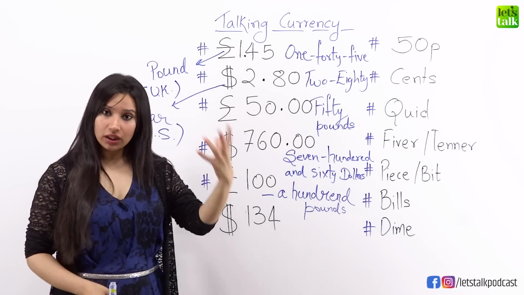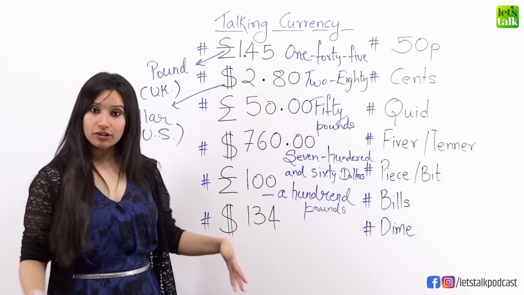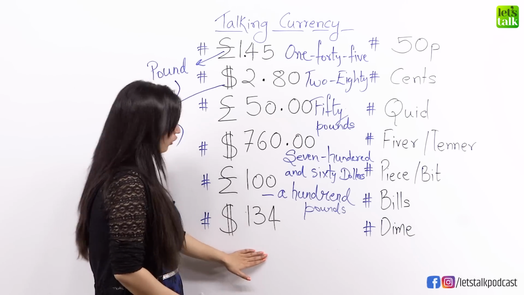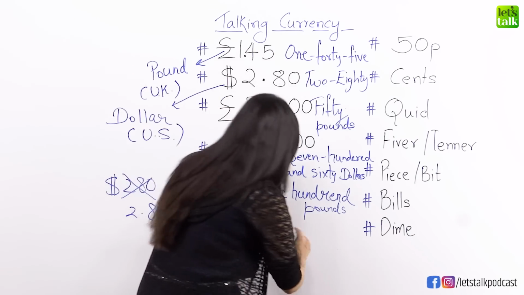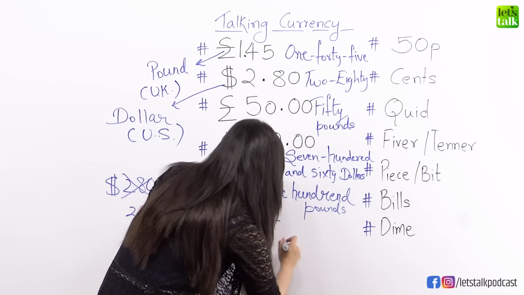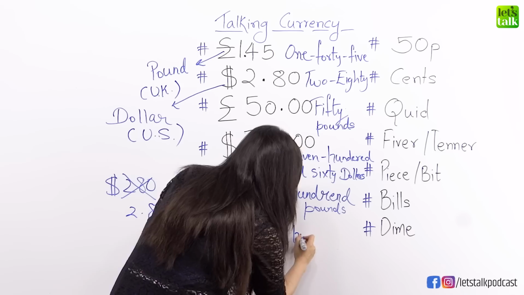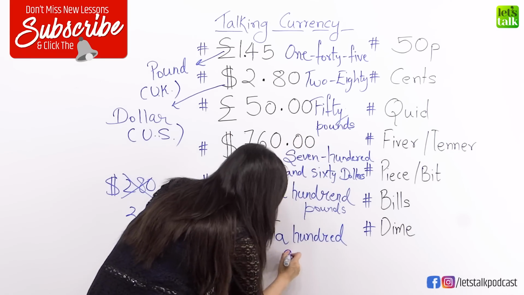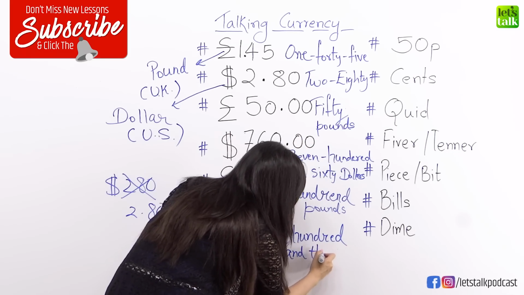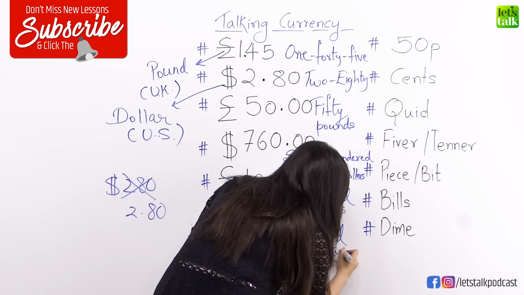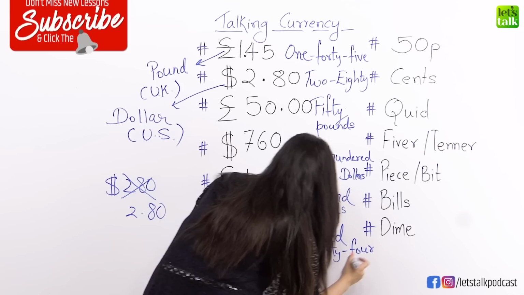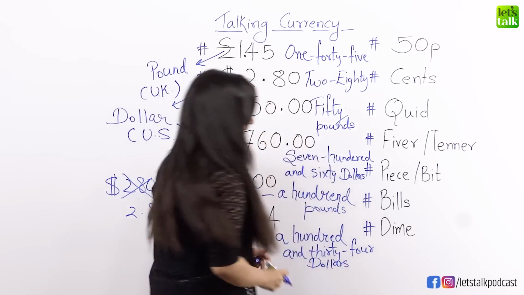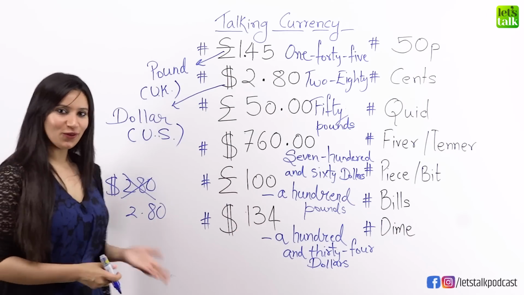So it could be a million or a hundred million or a hundred and thirty-four million or a hundred and fifty million, or a hundred and thirty-four pounds, dollars. I love pound too much, it seems. Great, this is fun. We are talking money. We all love to talk money.